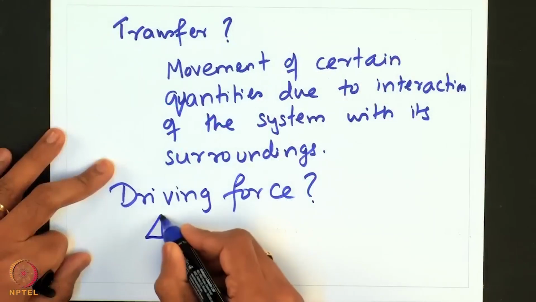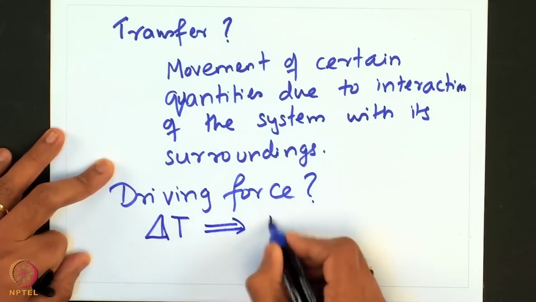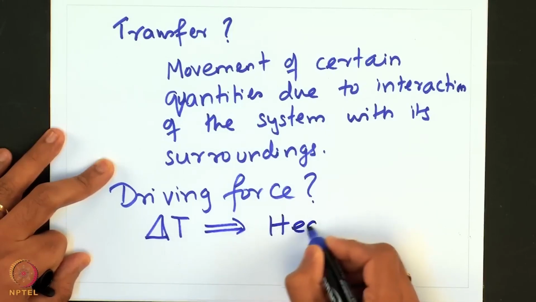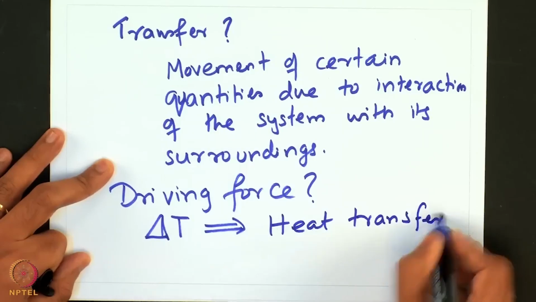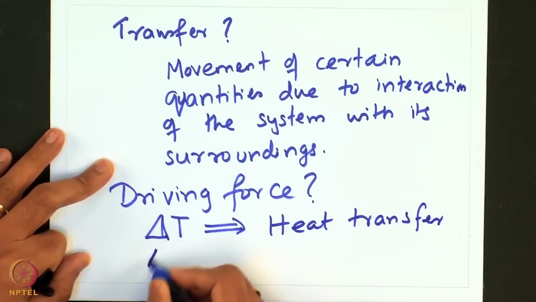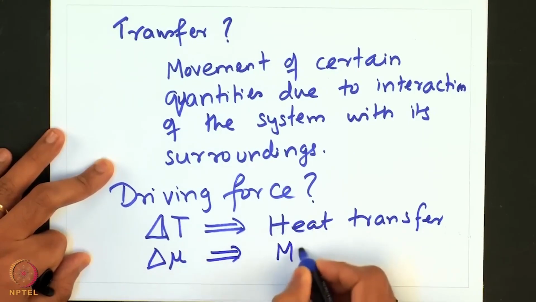So, for heat transfer, the temperature difference, which is generally referred to as delta T, drives the heat transport process, or drives the heat transfer, and the chemical potential, which is delta mu, drives the mass transfer.